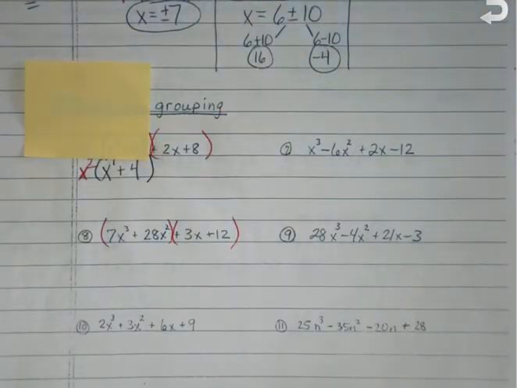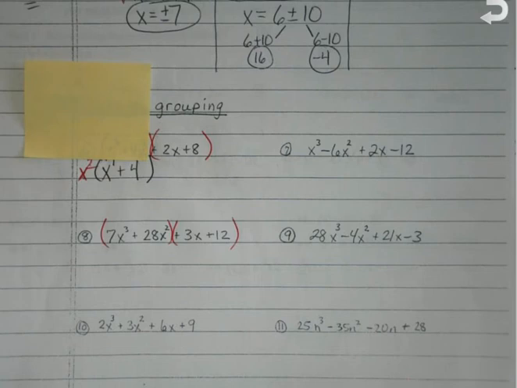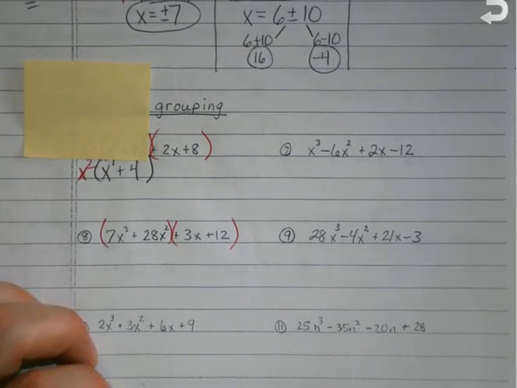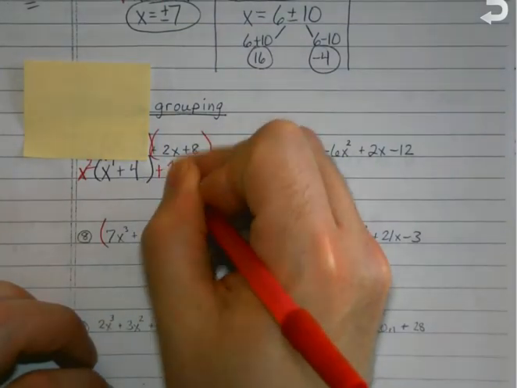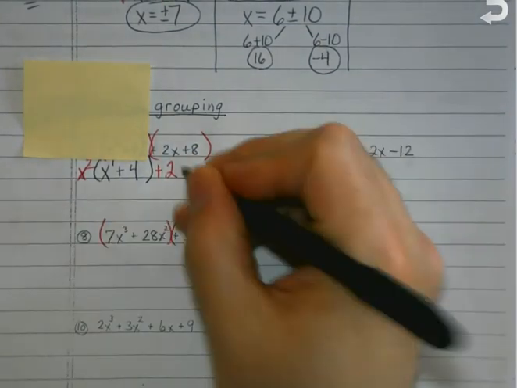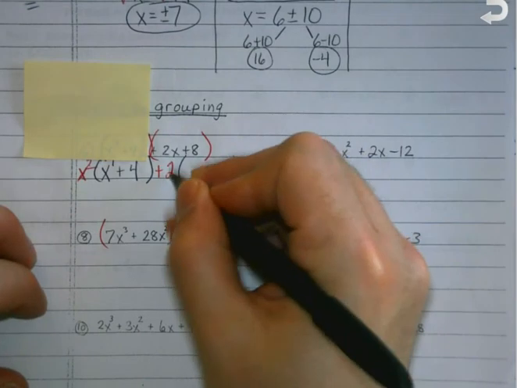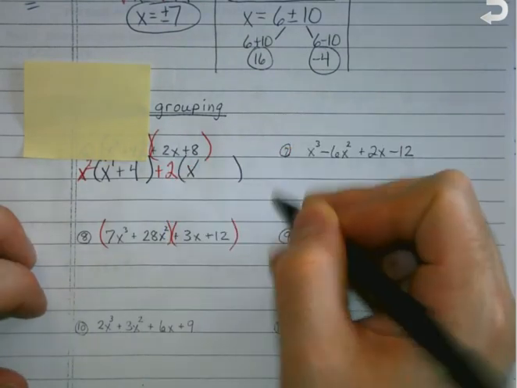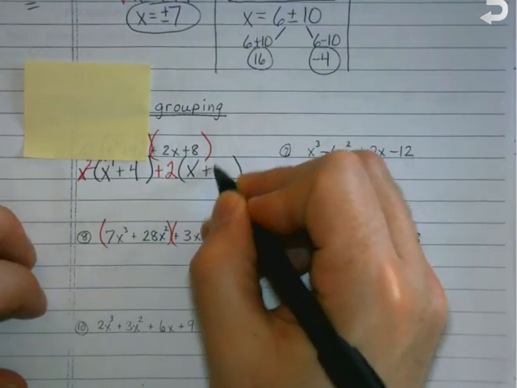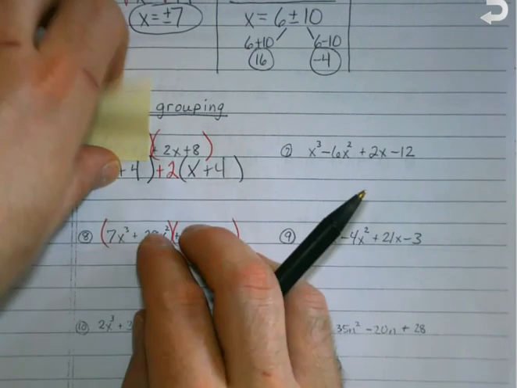Say, okay, what do the second 2 terms have in common? Divisible by 2. Now let's see if things worked out this time. I already got the 2, I just need the x. 2 times what gets me to 8? That's 4. Bingo.